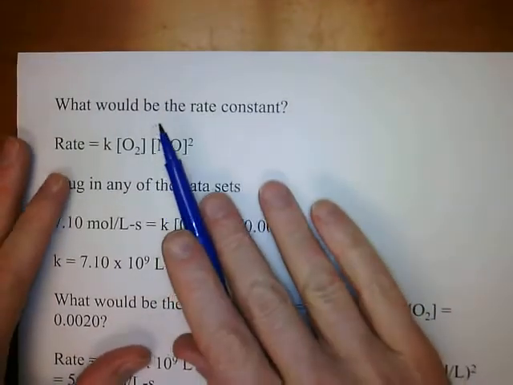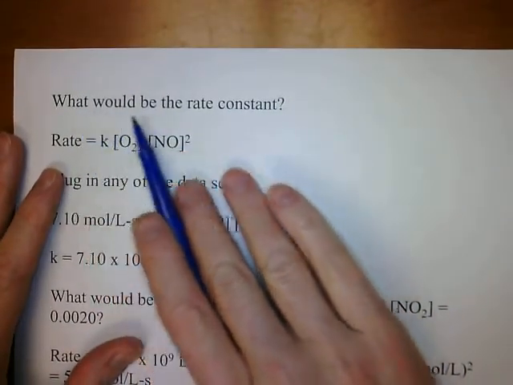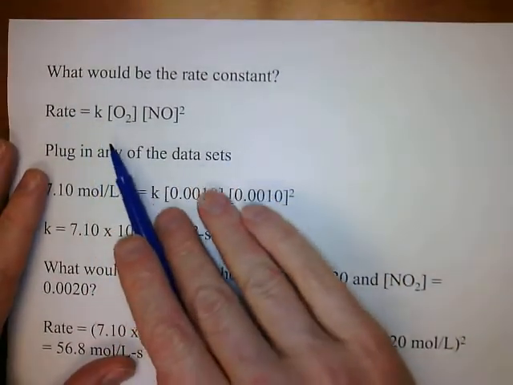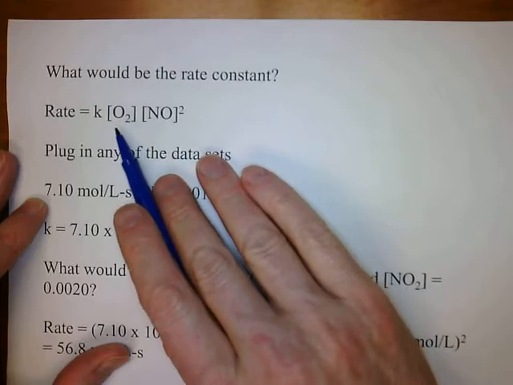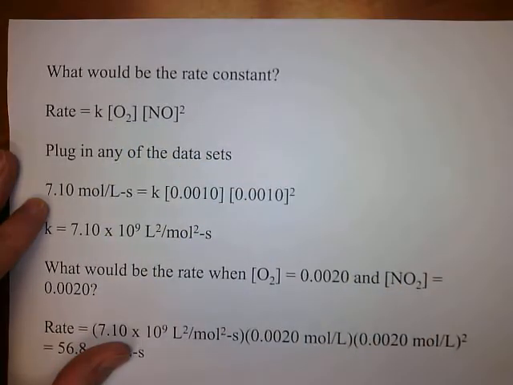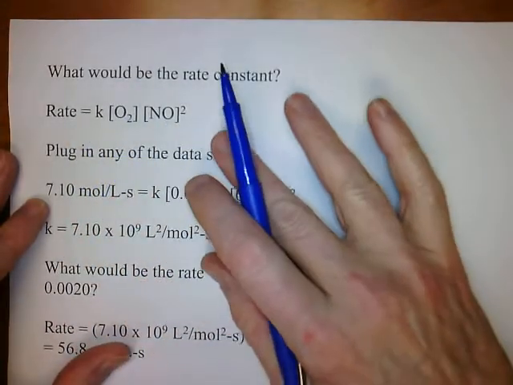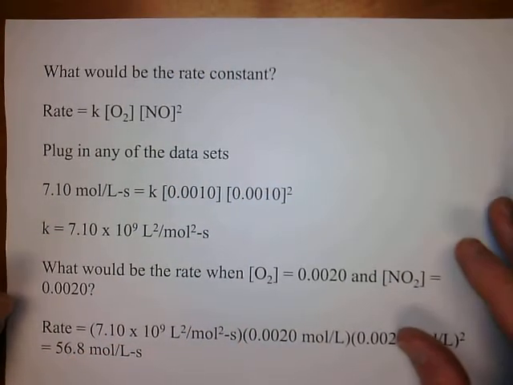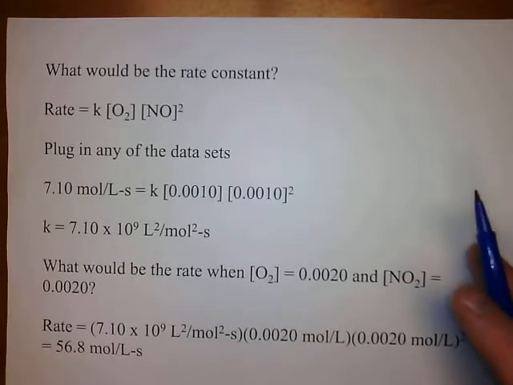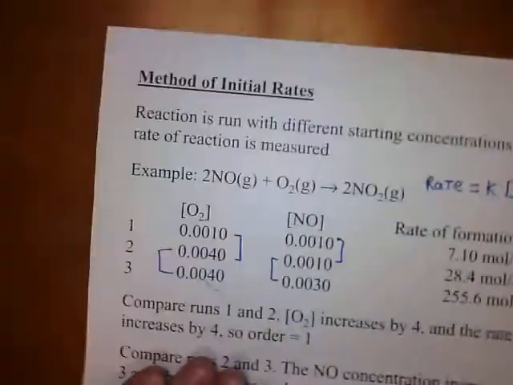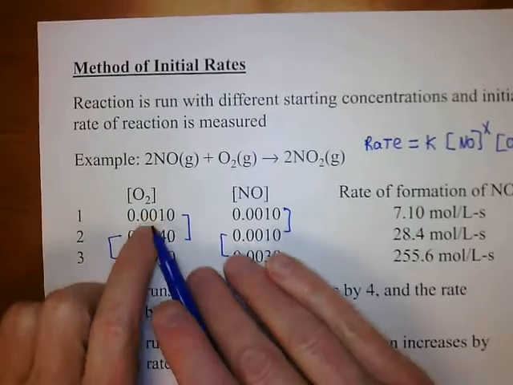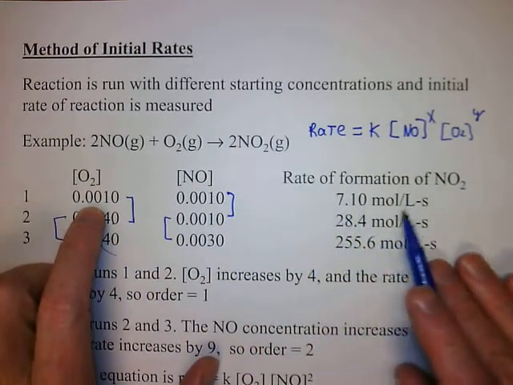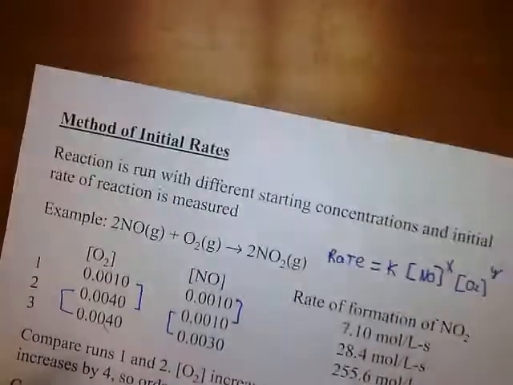What would be the rate constant? We figured out the rate law. It's equal to some constant K times the concentration of oxygen times the concentration of NO squared. So all you have to do is take any of those data sets and plug them in. I chose to use the first one. Both concentrations were 0.0010, and our reaction rate was 7.1 moles per liter per second.